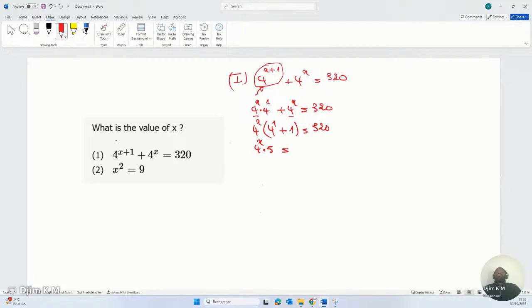So we need to make sure that this side of the equation is also written in the same format as this one. So let's try to divide this by 5.